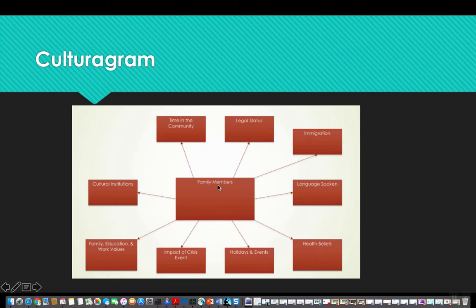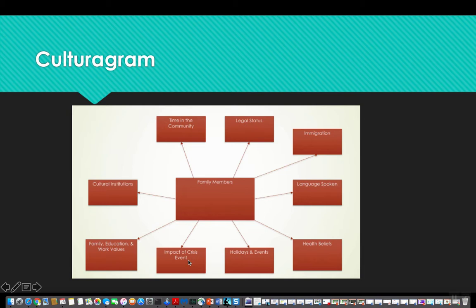So, for example, if it is a young couple having their first child, that may be a developmental crisis, or children going from childhood to adolescence, etc. And out of the blue crises such as accidents, sudden illnesses, violence, deaths, a deportation in the family. So those would all need to be taken into consideration to see how they're impacting the family.